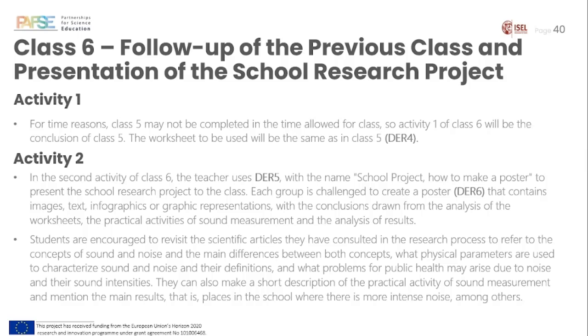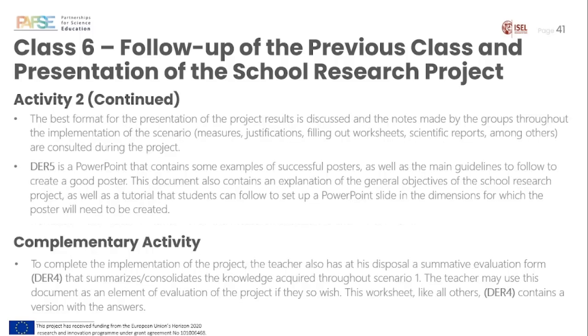What physical parameters are used to characterize sound and noise in their definitions, what problems for public health arise due to noise pollution sources, and they can also make a short description of the practical activity of sound measurements and mention the main results. All of those aspects should be considered in the school research project.